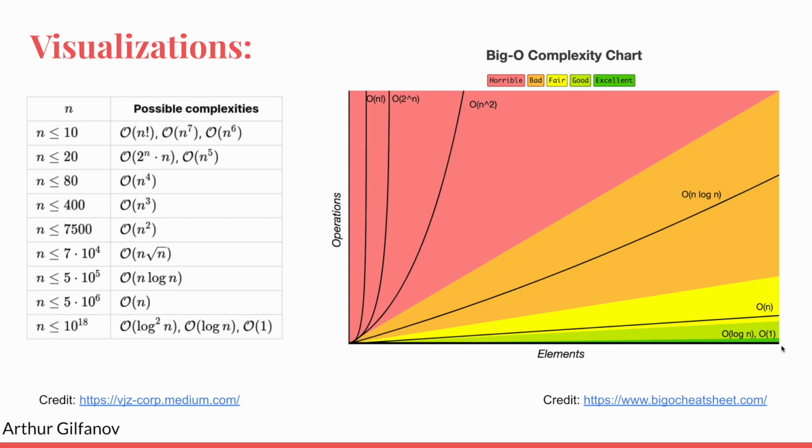So its operations is always going to be at y equals 0, basically. Then O of n is a linear function that as the elements get bigger, the operations increase at a constant slope. Then let's go up to O of n squared, which is another one which we talked about a lot. And this may remind you of the y equals x squared parabola curve from math, which is exactly what it is. As the elements get bigger, the operations which are done grow quadratically compared to the elements.